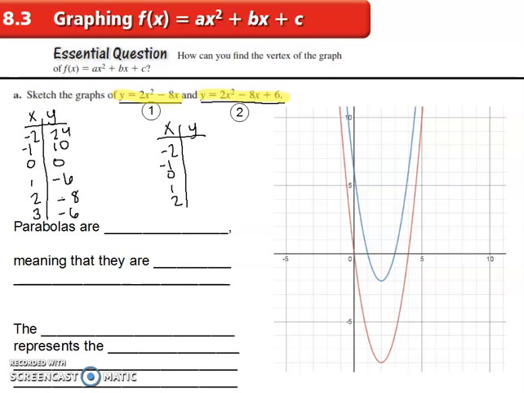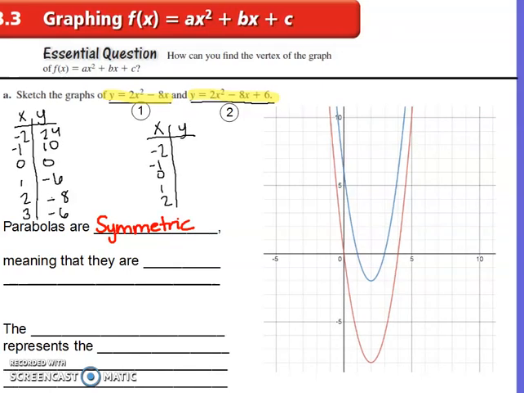Before we move on, I do want to talk about a couple things regarding parabolas. First is that parabolas are symmetric. Just like butterflies or faces or many things that we talk about when you first learned about symmetry, we can essentially fold a parabola down the middle and it will stamp identically onto the other side.